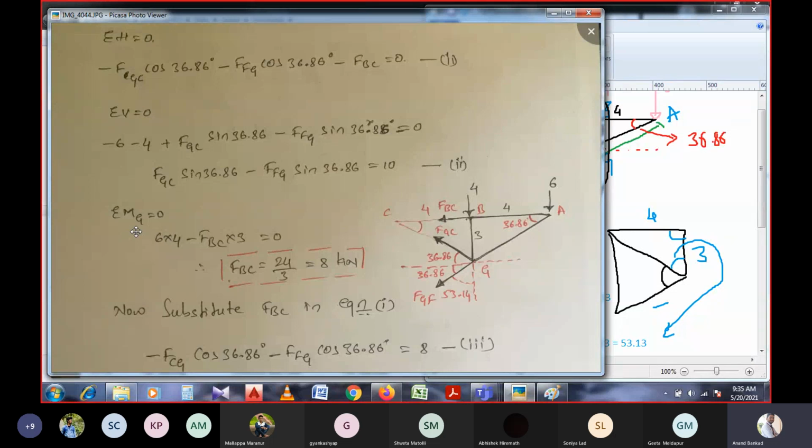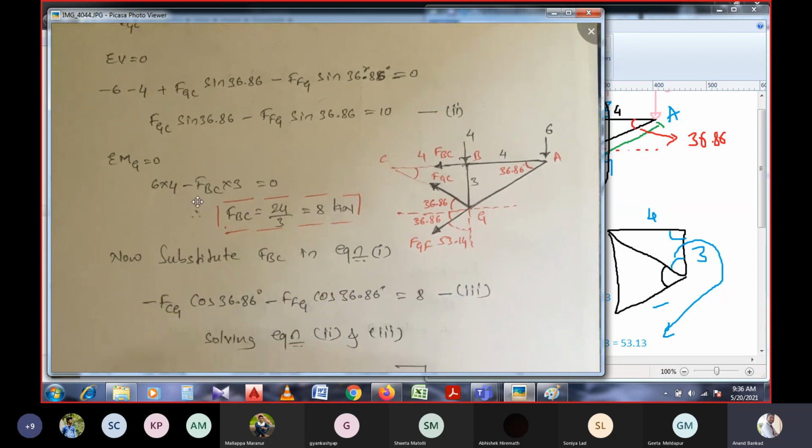So moment at G, if you consider, what are the forces acting at this point G? 6 into this 4-meter distance, that is anti-clockwise, sorry, that is clockwise, taken to the positive side. And apart from that, we have FBC, which is moving to the left side. With point G, it is a 3-meter perpendicular distance, FBC into 3, which is moving anti-clockwise, that is why we have taken a negative sign over here.